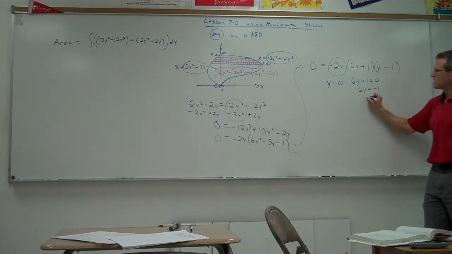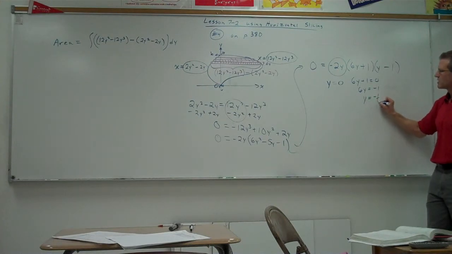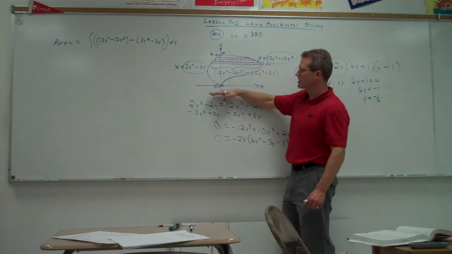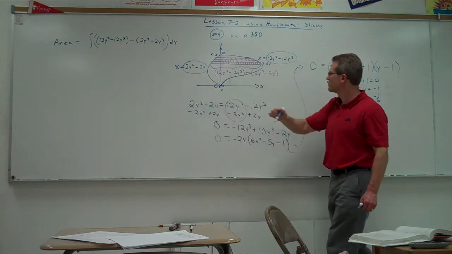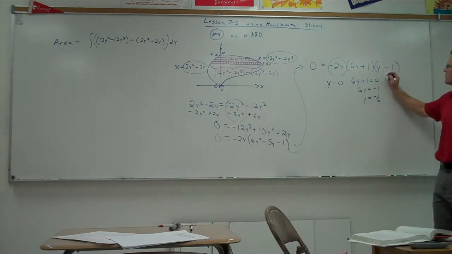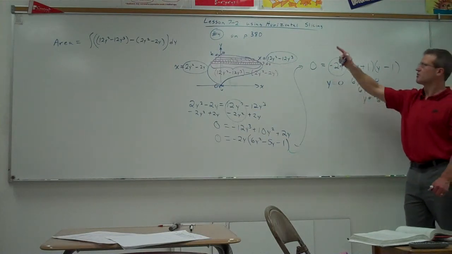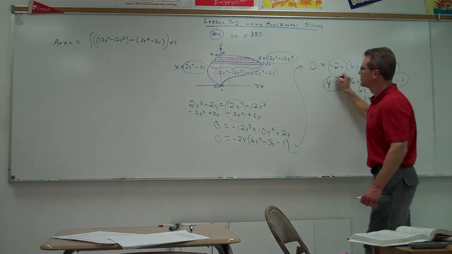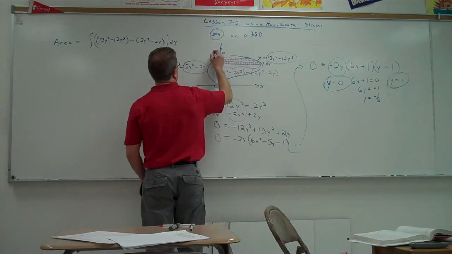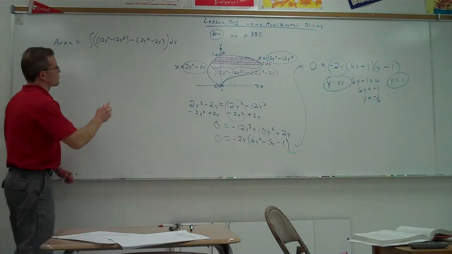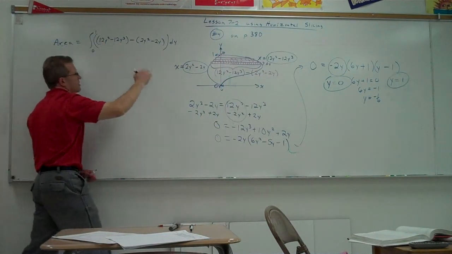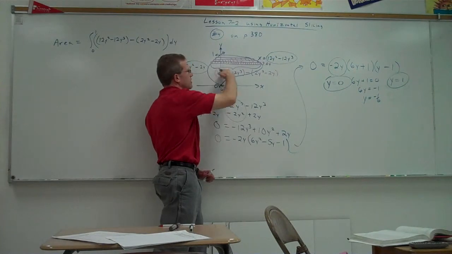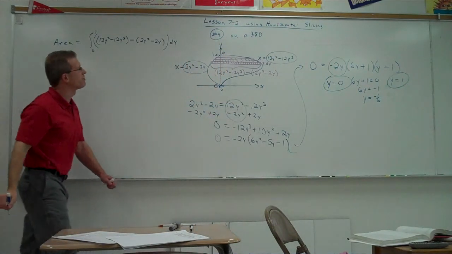Divided by 6 on both sides, y would equal negative 1/6, which would be somewhere below the x-axis, so that's not the one we're looking for. And then the number that would make this factor come out to 0 would be y equals 1, which would make the whole thing come out to 0. That's our upper bound, right here at 1. So, our boundaries go from 0 to 1. We start to slice at our lower number, and we stop at our higher number.